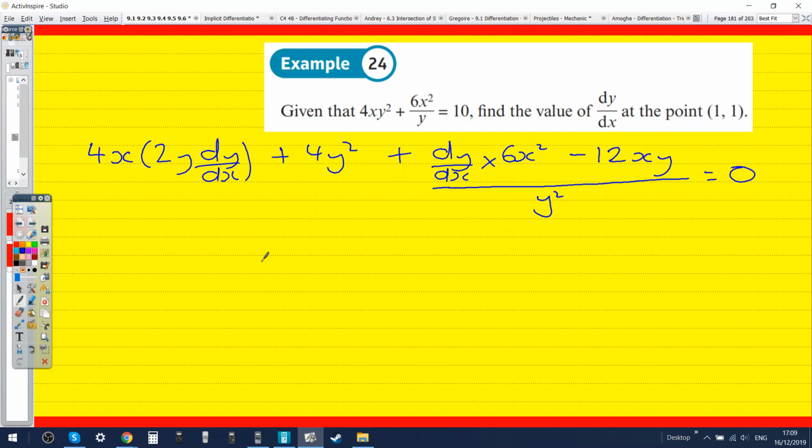Well done. And then you have to find the value of that at the point (1, 1). So you just substitute x is 1 and y is 1 into that. I'll let you try that.